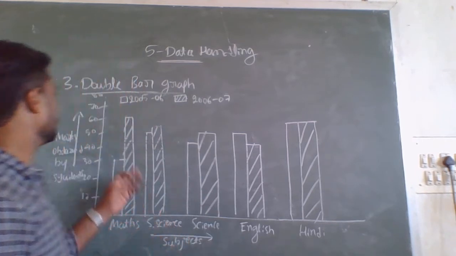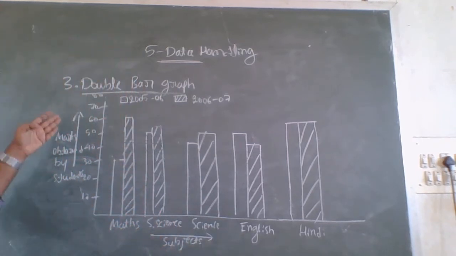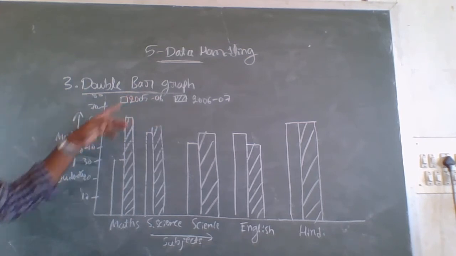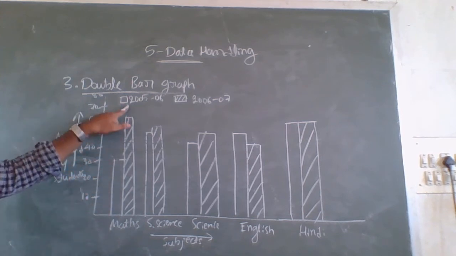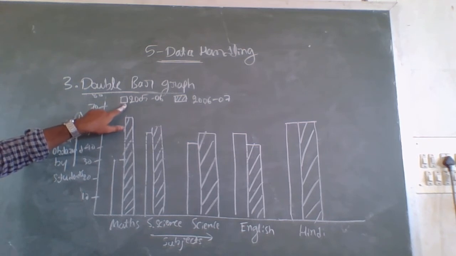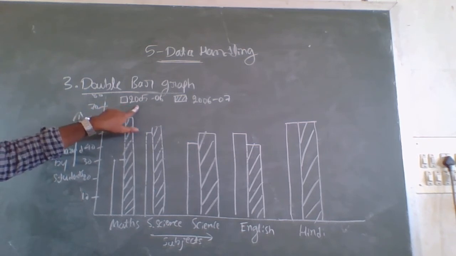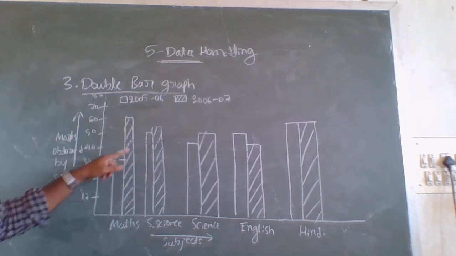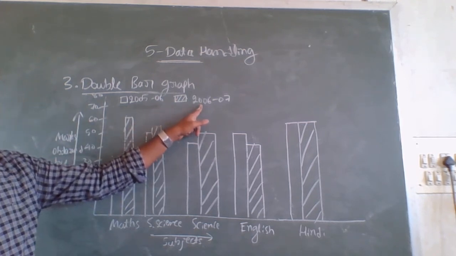So here it shows marks obtained by students, and these all are subjects, and this indicates the 2005 to 2006 academic year without shading. The shaded bar graph shows marks obtained in 2006 to 2007.